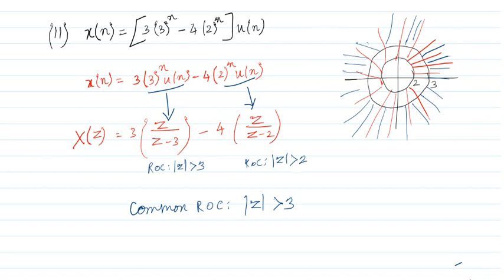It is this region. What does the region mean? It is greater than 3. So the final ROC is greater than 3.